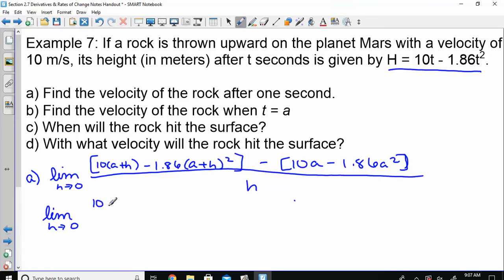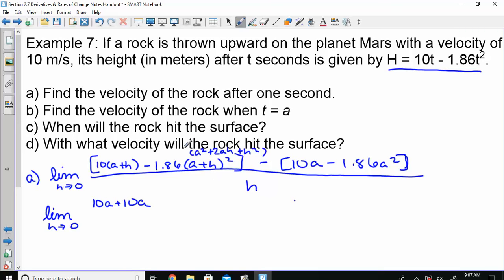If I multiply this out, I get 10a plus 10h. What would I get if I took a plus h and squared that? If you wrote it twice and used FOIL, what does that give you? Right, a squared plus ah and plus ah, so you can make it 2ah plus h squared.